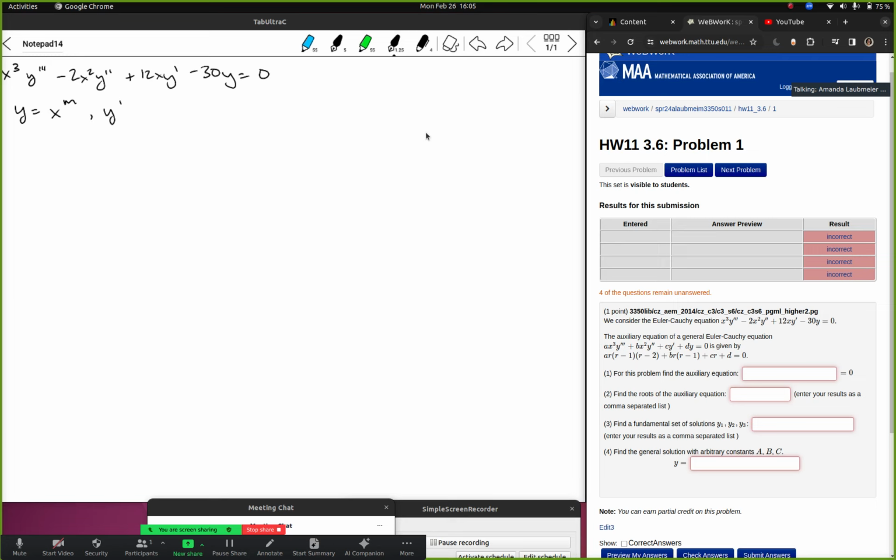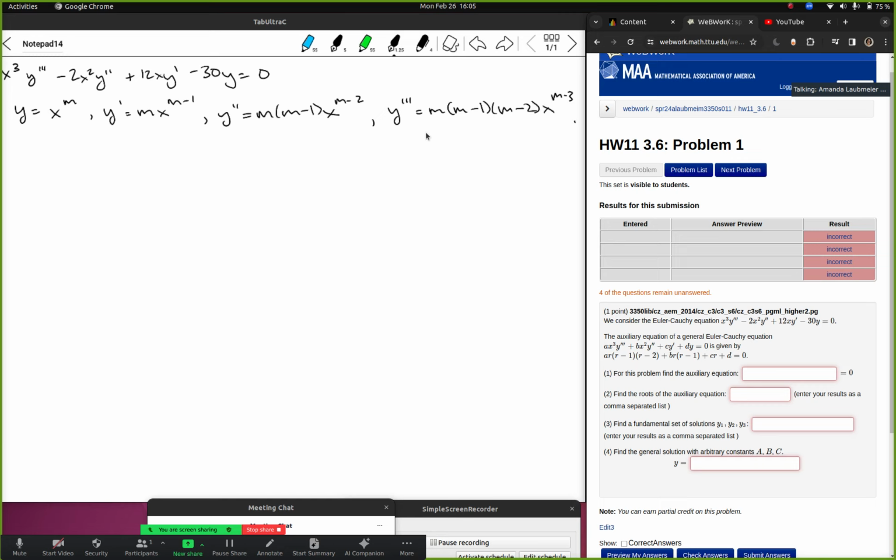So that's going to give me y prime is m x to the m minus 1, y double prime is m times m minus 1, x to the m minus 2, and y triple prime is m times m minus 1 times m minus 2, x to the m minus 3.